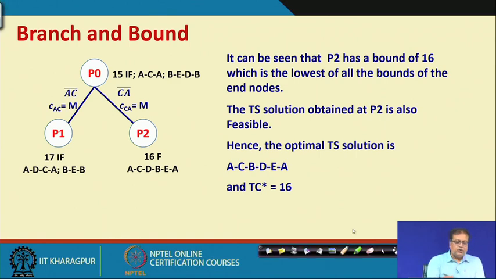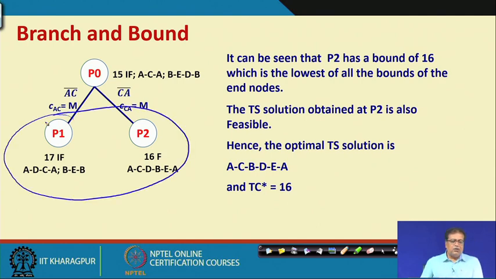What are the end nodes? These two are the end nodes. Now, out of the end nodes, which one is the minimum bound? So, look here, it is a minimization problem. So, which one is the minimum out of all the bounds? 16, that is the minimum. So, out of them, is it feasible? Yes. So, this is optimal, right.